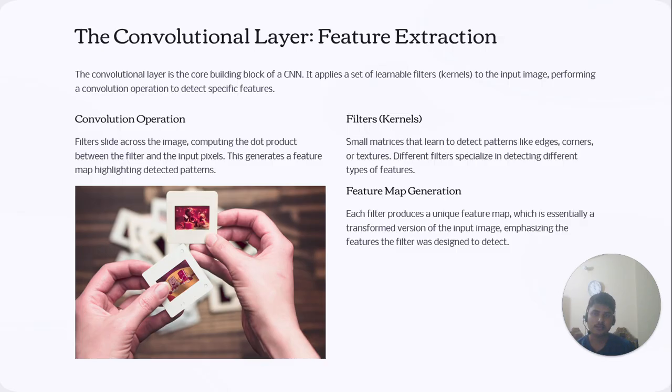As the filter scans, it produces feature maps, which are basically a transformed version of the image that highlights where the target pattern appears. Different filters generate different feature maps, which together capture the visual features of the model's units.